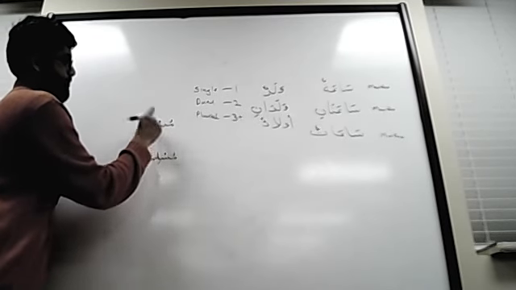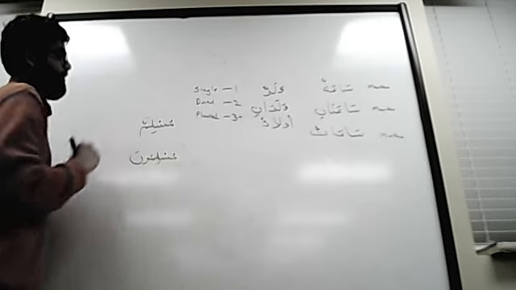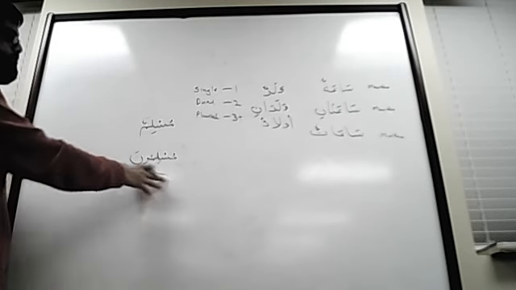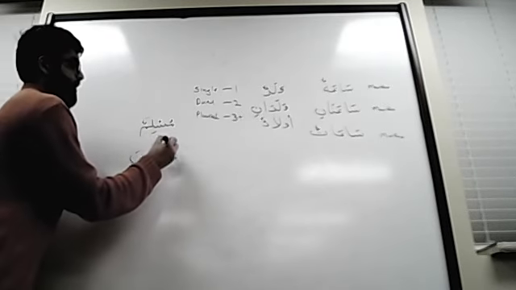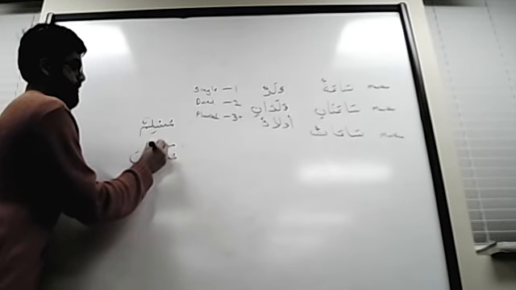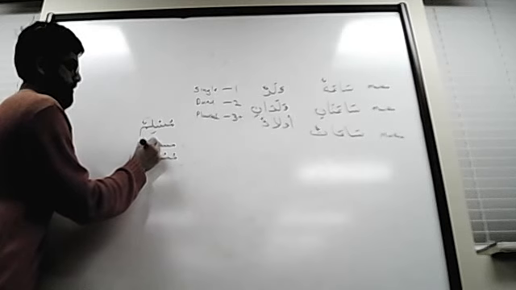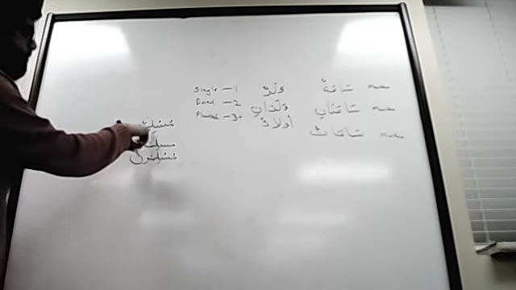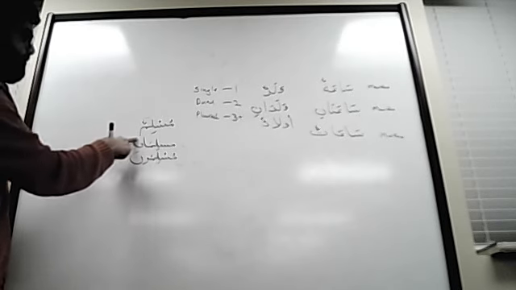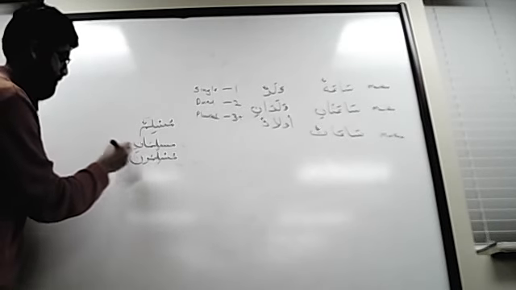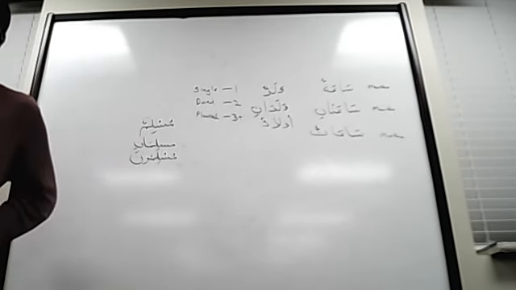And three or more Muslims is Muslimuna. How do I say two Muslims? Muslimani. I did the same thing where I took the meem, put a fatha on it, and then alif, noon, kasra. Muslimani.